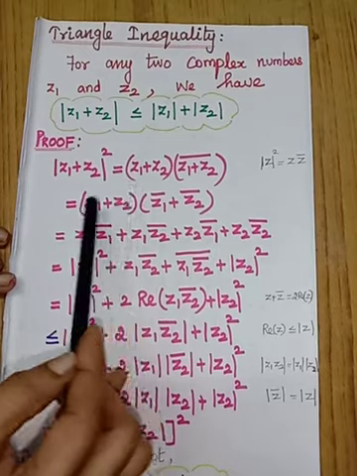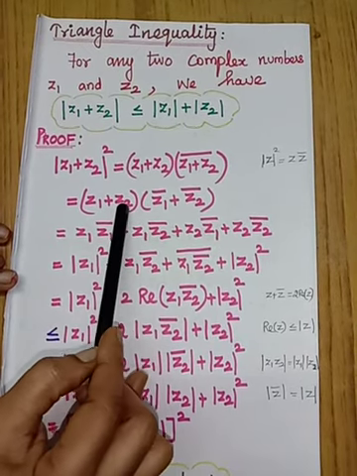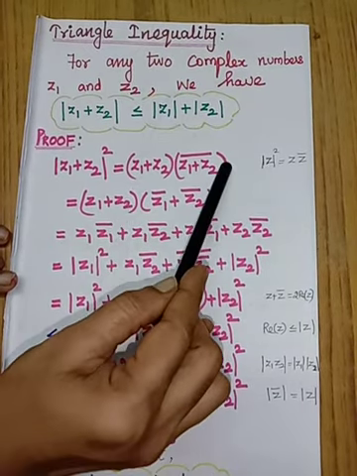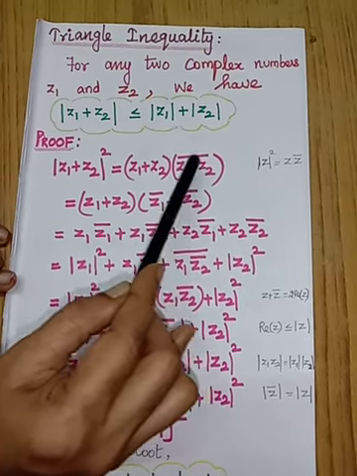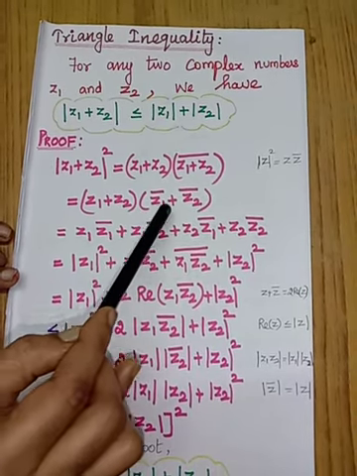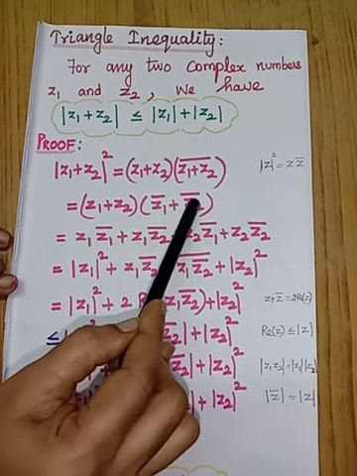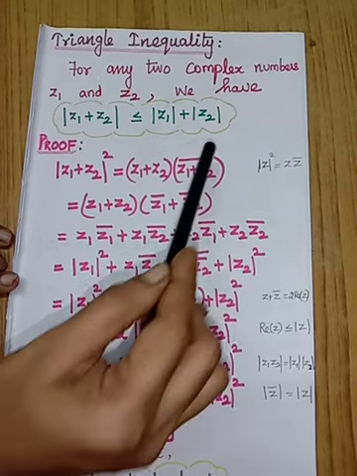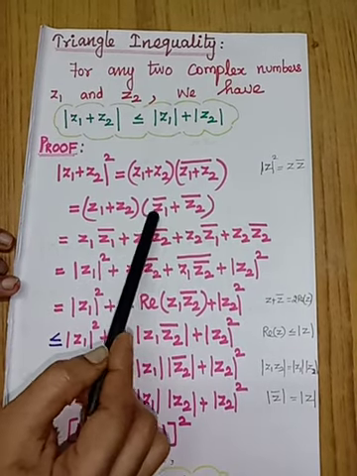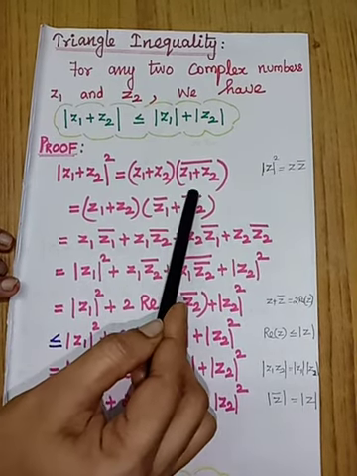The next step, z1 plus z2 bar: it's the conjugate of a sum of two complex numbers, so it is the sum of their conjugates. z1 plus z2 the whole bar is z1 bar plus z2 bar.